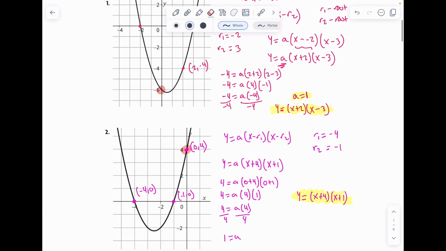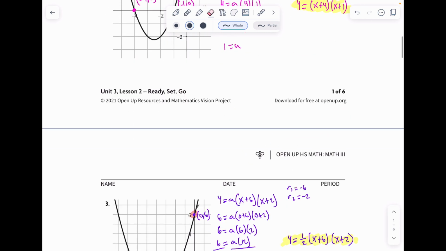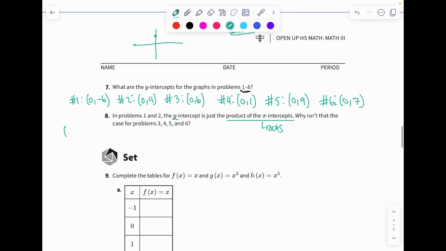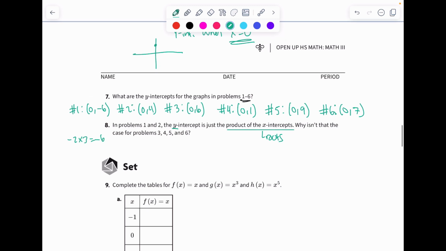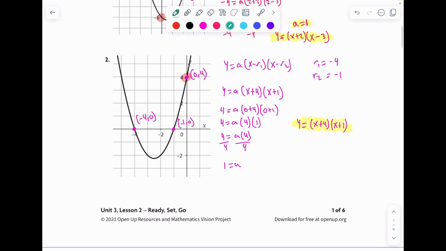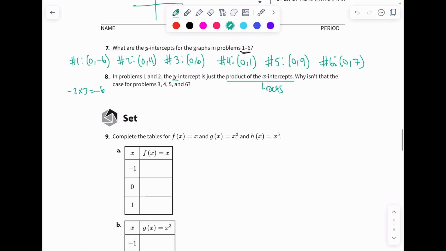You see how they multiplied -2 and 3? -2 times 3 was -6. That's how they got the y-intercept. And for 2, they multiplied -4 and -1. -4 times -1 is equal to 4. So that's a true statement, right?